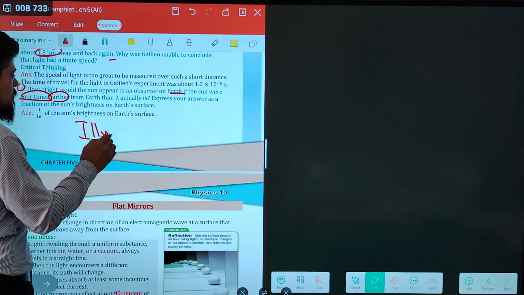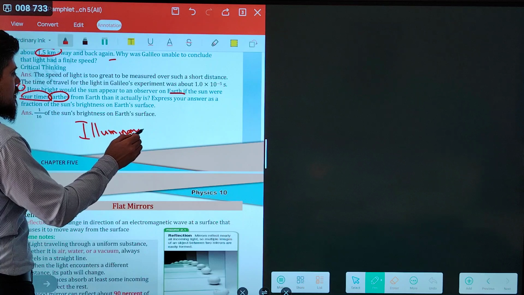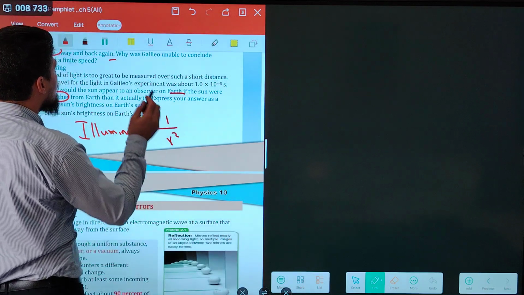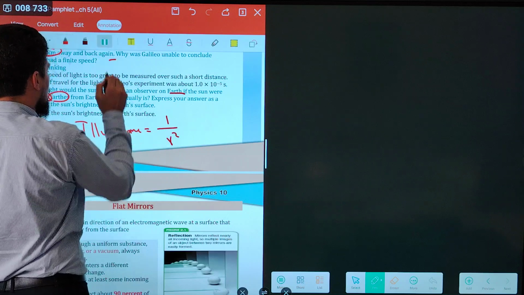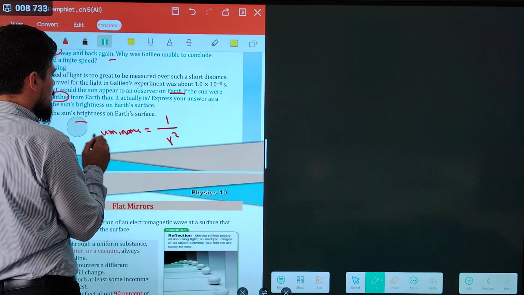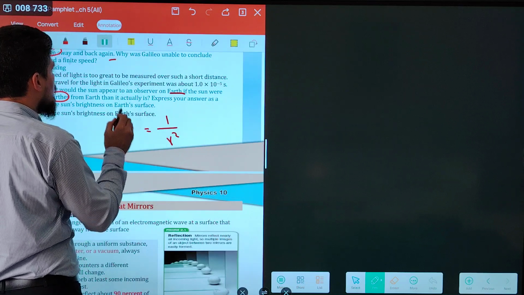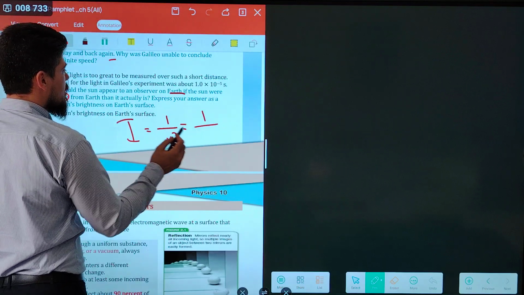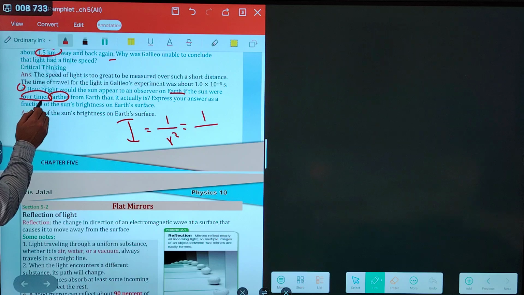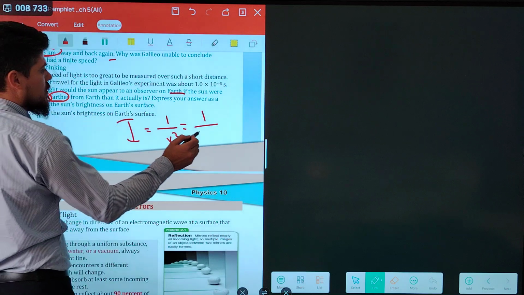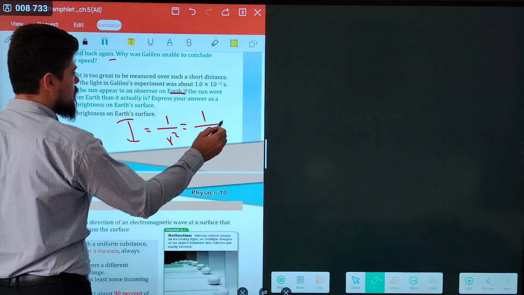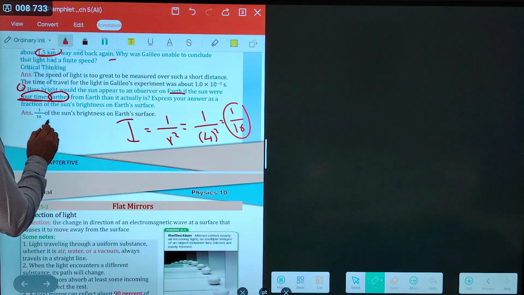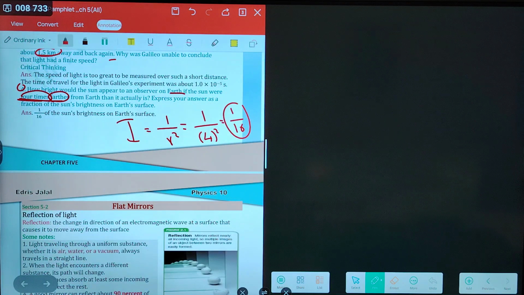Look, intensity is inversely proportional to the square of the distance. Assuming we're 4 times further, it's 4 squared. Intensity decreases by what factor? 1/16. So 1/16 of the sun's brightness on the Earth's surface.